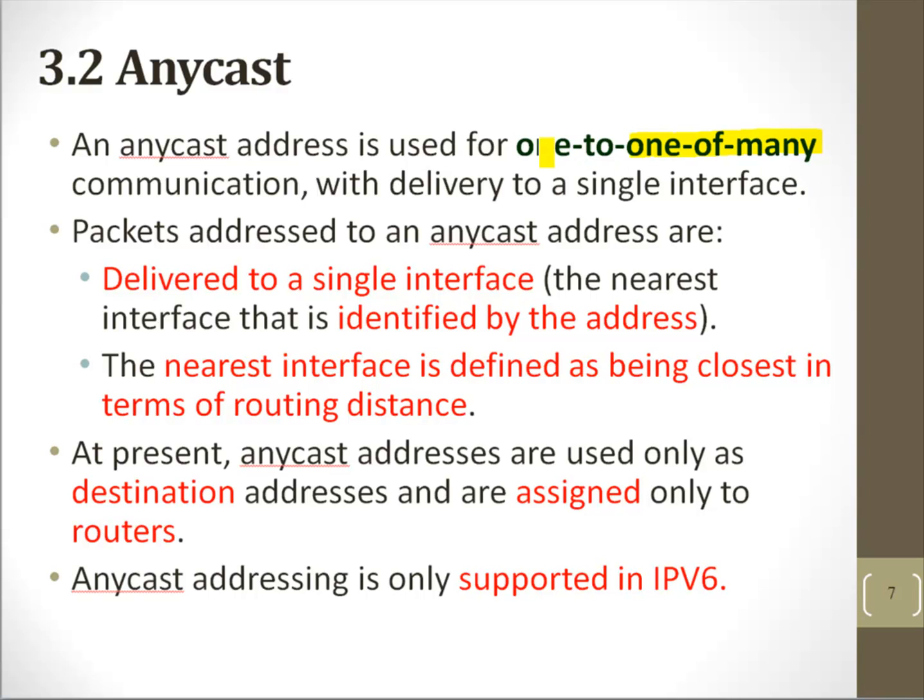In anycast the data will be delivered to the nearest host, so that is 1-to-1 of many communication. Packets addressed to anycast addresses are delivered to a single interface. So only one interface will receive the datagram, the interface which is very nearest to the identified address.